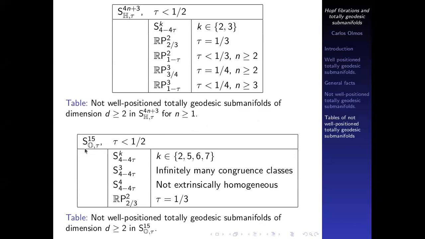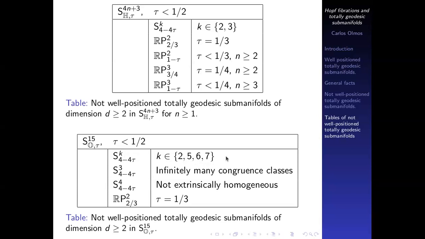So, for example, in the quaternionic Hopf-Berger sphere appear some spheres of dimension 7.